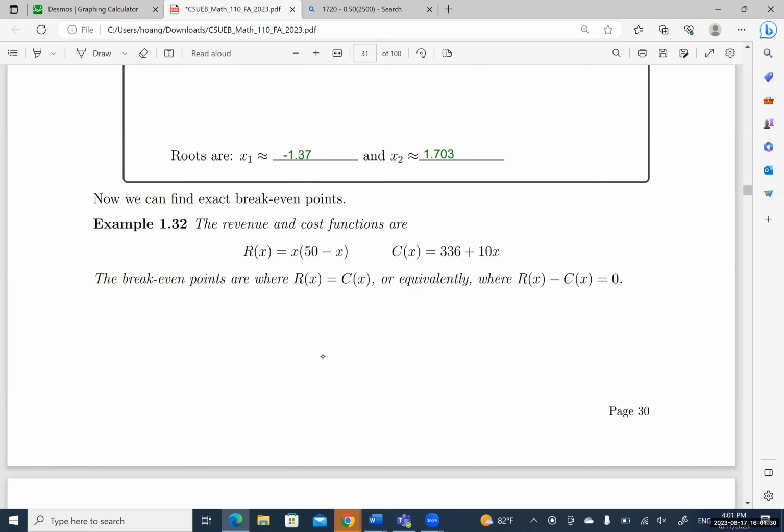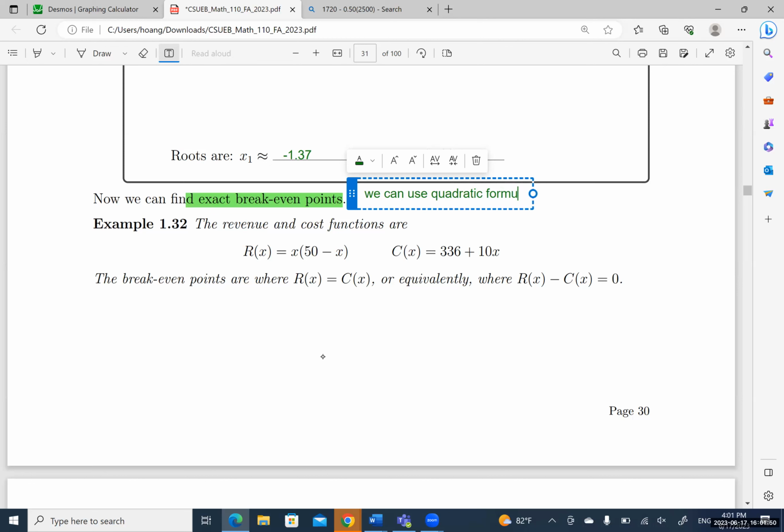I would like to highlight that we can use the quadratic formula or the zero factor property to do this.